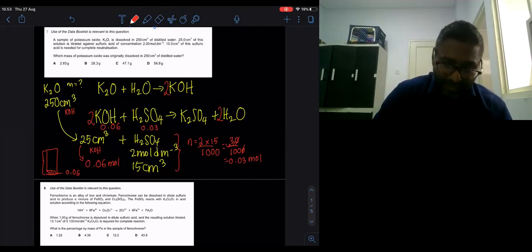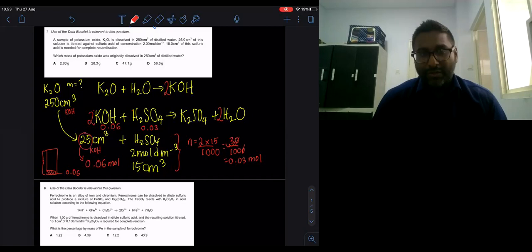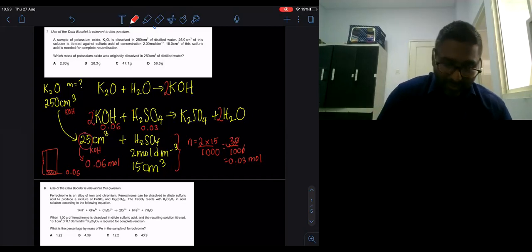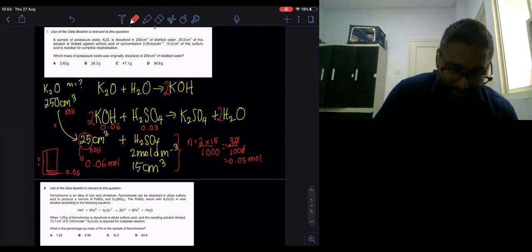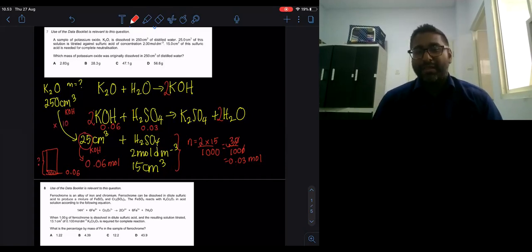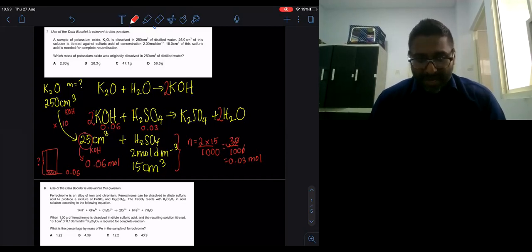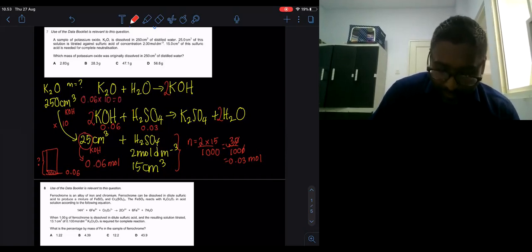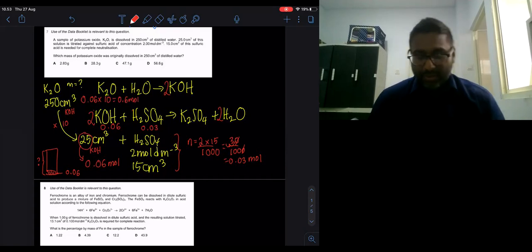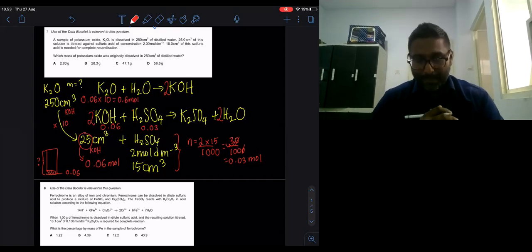For example, if you're taking only 25, if you want to change it to 250, to find the entire thing, you need to times by 10. You need to make it to 250, the remaining balance. So you are going to get 0.06 times 10. That is going to be 0.6 mole of potassium hydroxide. I hope you understand up to here now.